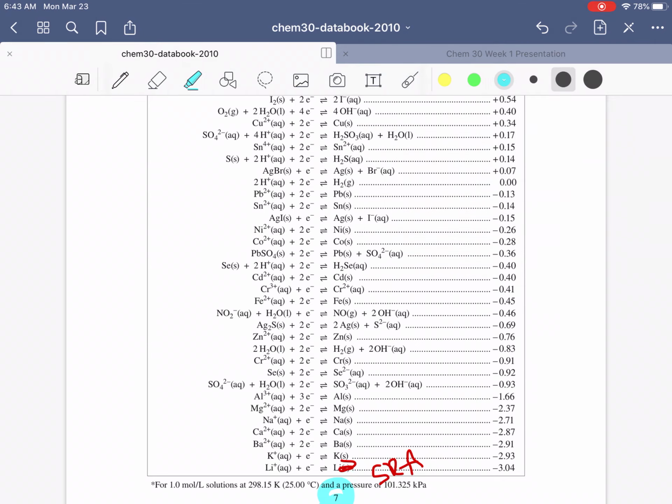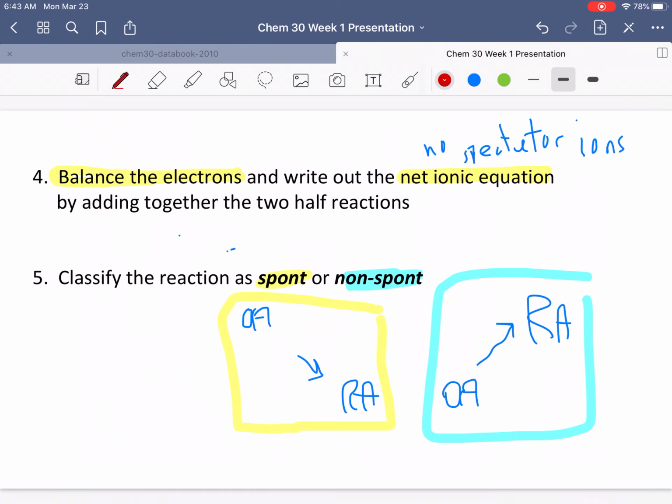There's lithium. Now, anything on this whole table where the oxidizing agent is higher than the reducing agent, we have a spontaneous reaction. Vice versa, if the oxidizing agent is lower, we therefore have a non-spontaneous reaction. Keep that in the back of your heads.